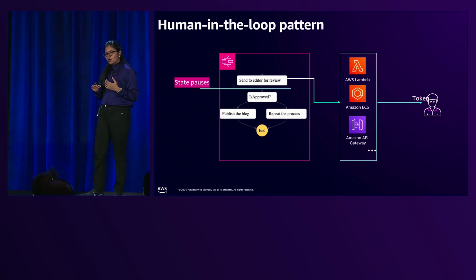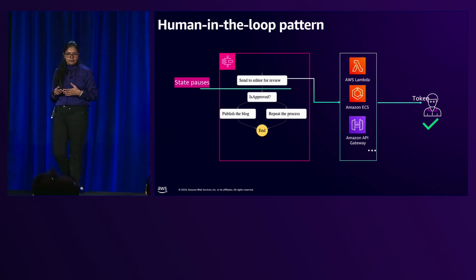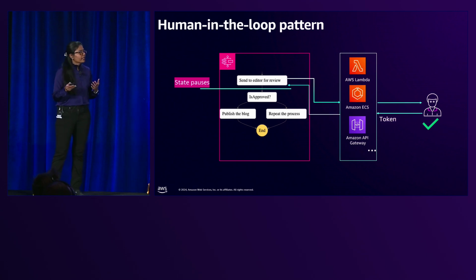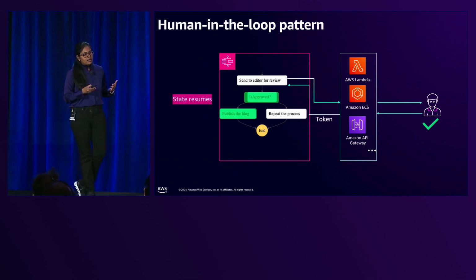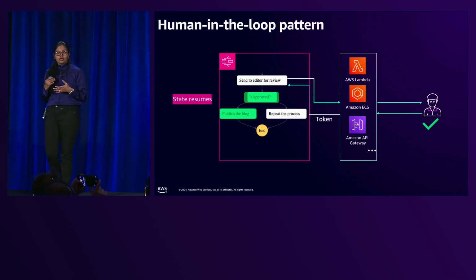Now the human reviewer reviews it, and they either approve or deny, and they send the token back with their response. When they do that, the step will receive the token and go to the downstream services based on the response the human reviewer sent. As you can see, it is really, really simple to integrate a human reviewer process with Step Functions without you having to manage state, dependencies, or even the token.